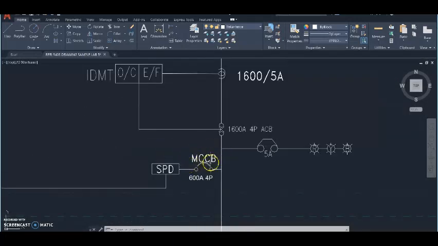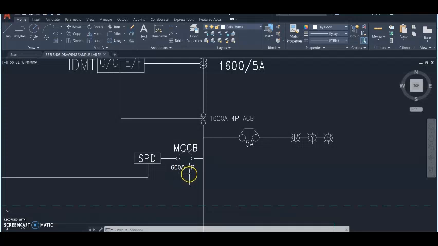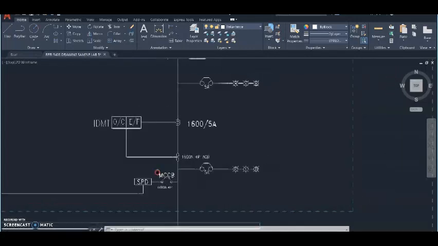And then this is the circuit breaker MCCB with rating 600 ampere. This will protect the device, which in this case is the SPD. So when the current exceeds 600 ampere, it will react, or it will cut the circuit.